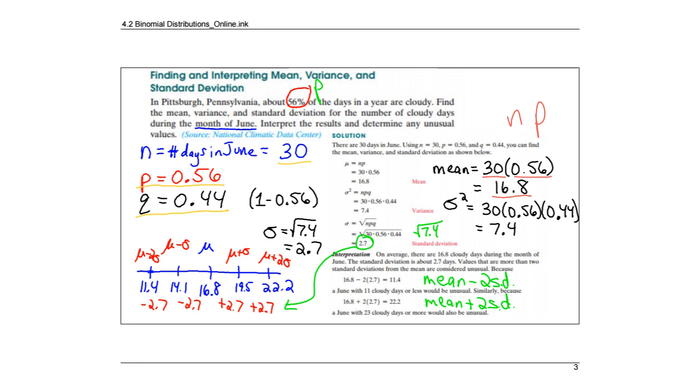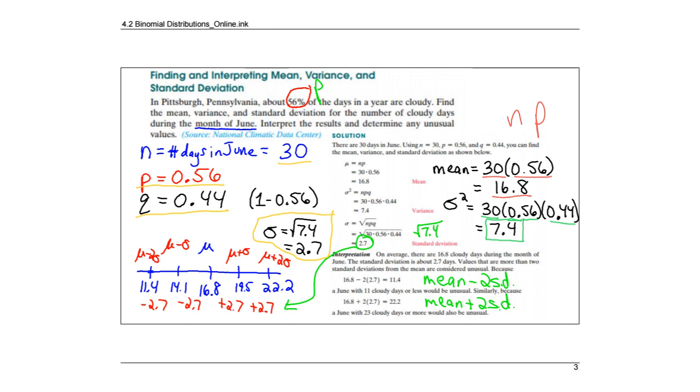For the variance, we're going to take N, which is 30, times P, 0.56, times Q, which is 0.44, and that gives us 7.4. So that is the variance. And then finally, for the standard deviation, sigma, we're going to take the square root of the variance. So the square root of 7.4 gives me 2.7.